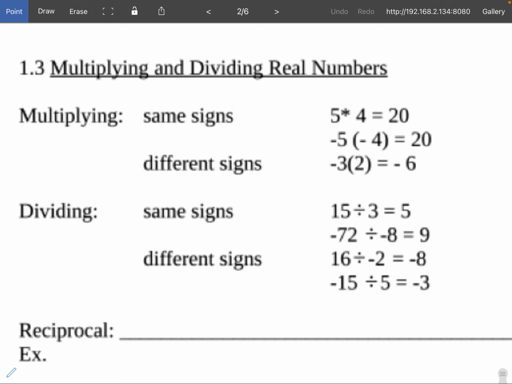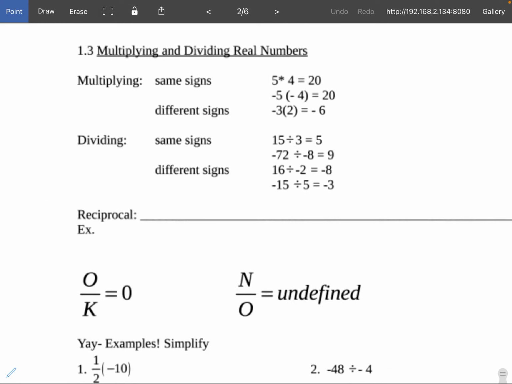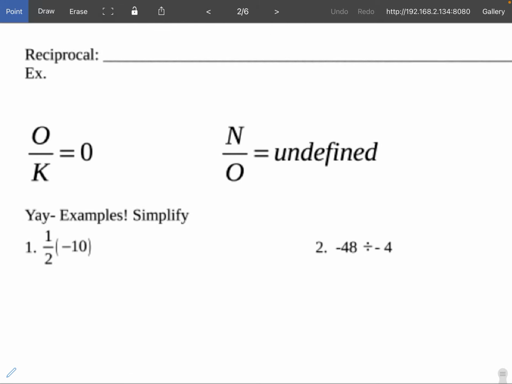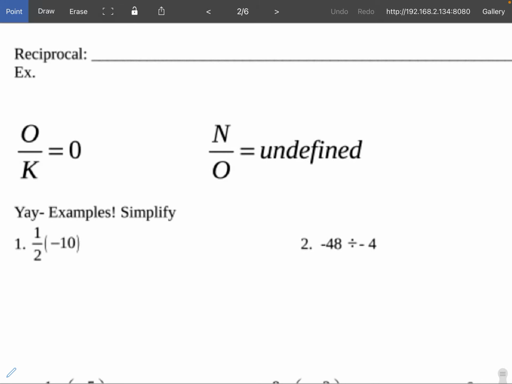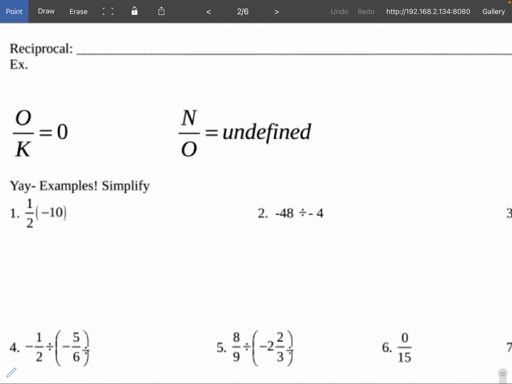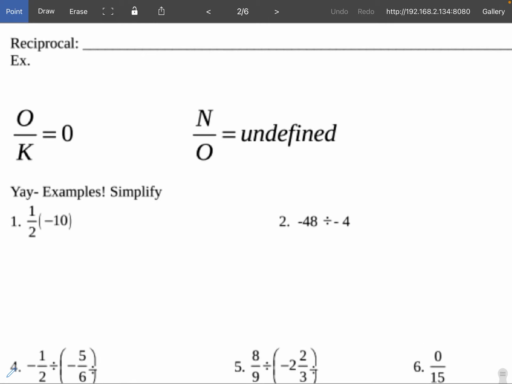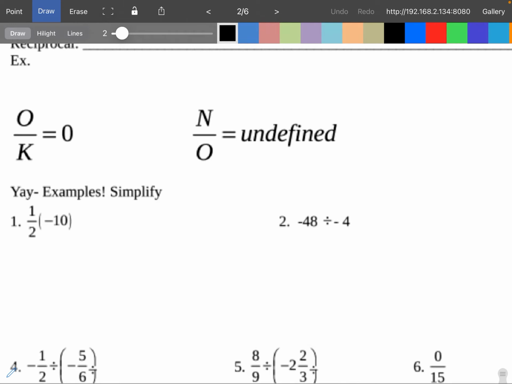But the next thing we got to fill in here is right here where it says reciprocal. So let me write down a couple examples of what reciprocals are. So for example, if I gave you 2/3, can anybody tell me what's the reciprocal of 2/3?